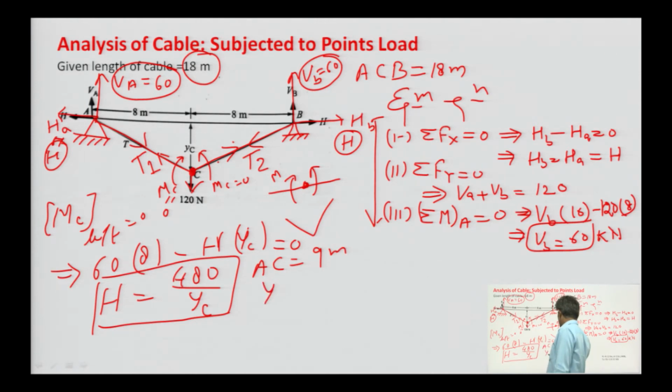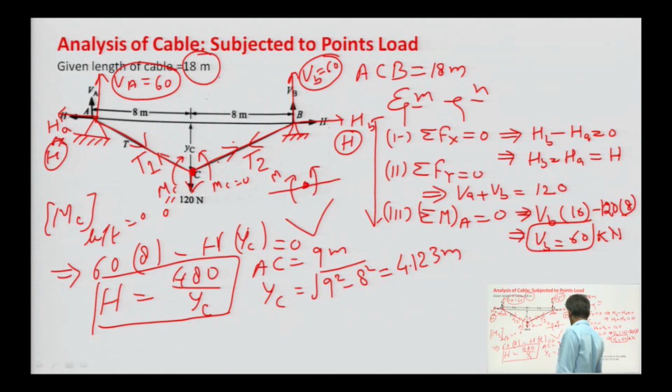Therefore, YC can be calculated as square root of 9 squared minus 8 squared, and that comes to be 4.123 meter. By putting this value, we can get the value of H as 116.24 kilonewton. That is the value of the horizontal thrust.